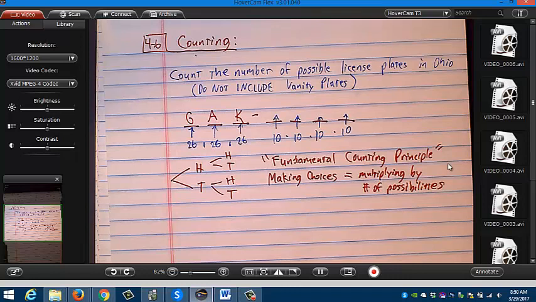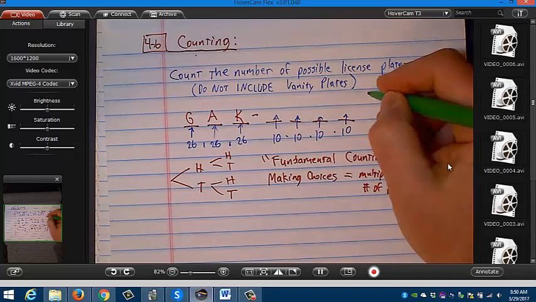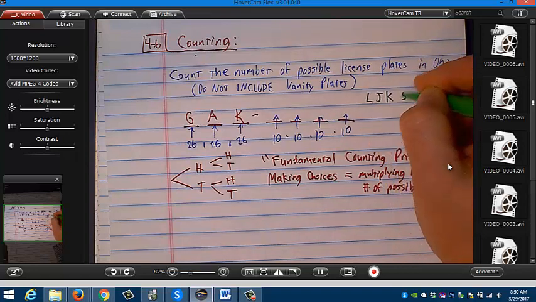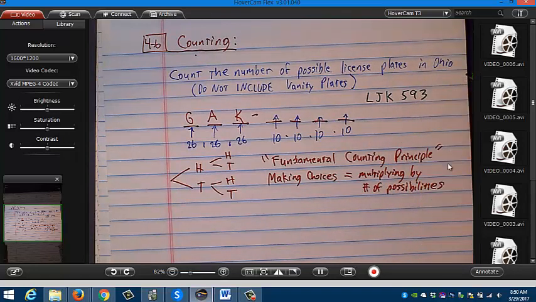And see, most of you may be too young. Well, not all of you, but many of you will not remember. When I was growing up, I could still remember my parents' license plates. Why? I don't know, weird kid. LJK 593 and LJK 594. Those were the two. But notice the difference. Used to be LJK 593, there were only 3 digits.